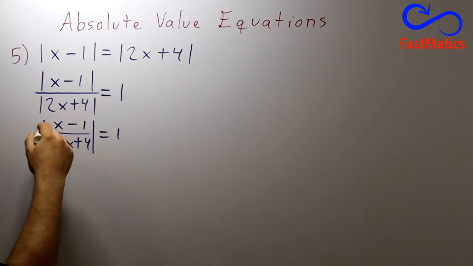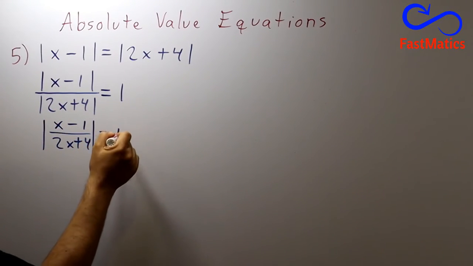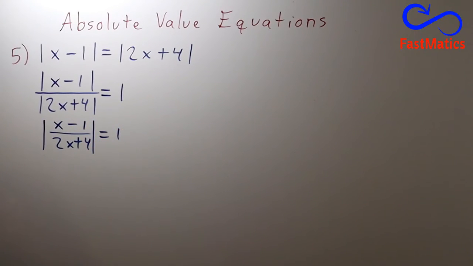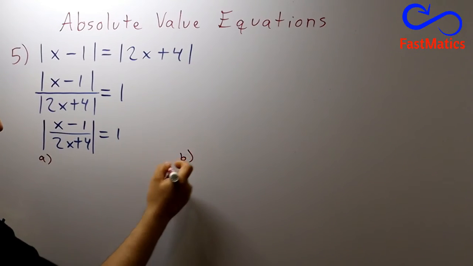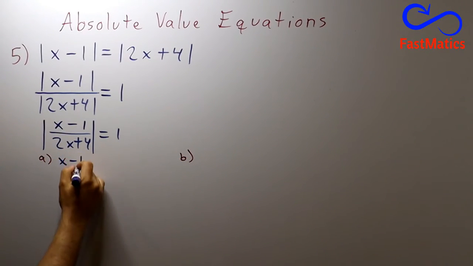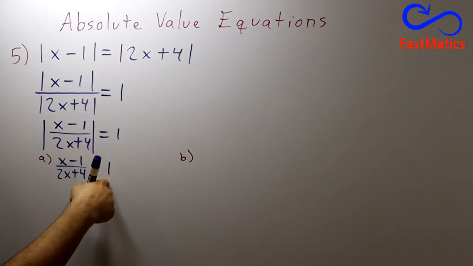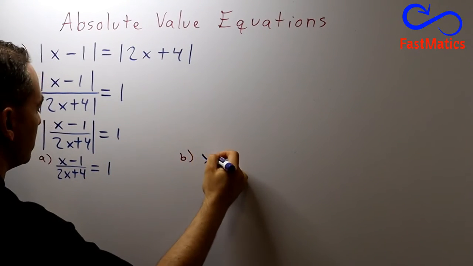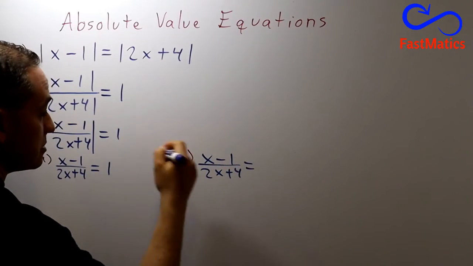Remember, when you have the absolute value of something equal to one number, you have two possibilities. The first possibility, the expression inside the absolute value is equal to this number in positive, and the expression inside the absolute value is equal to this number in negative.